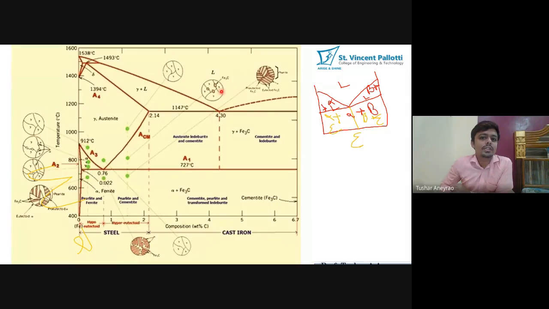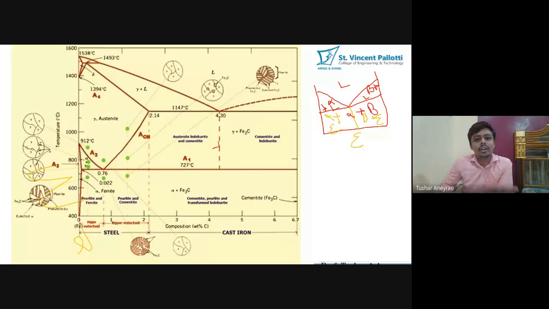And this eutectic mixture of iron and carbon, we have given the name ledeburite. So the ledeburite phase will only be present at the dotted line. Means at this dotted line, this ledeburite phase is present.